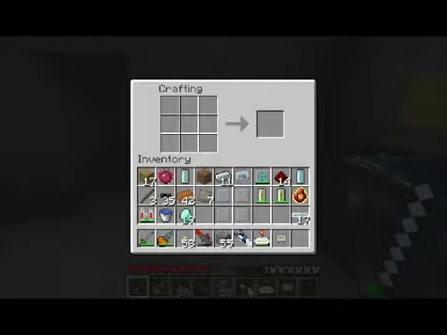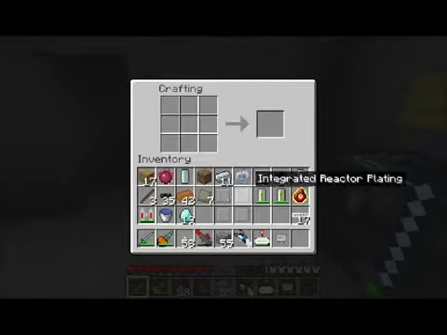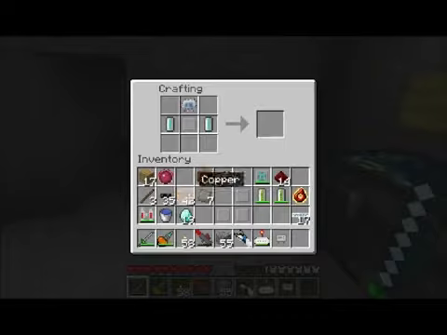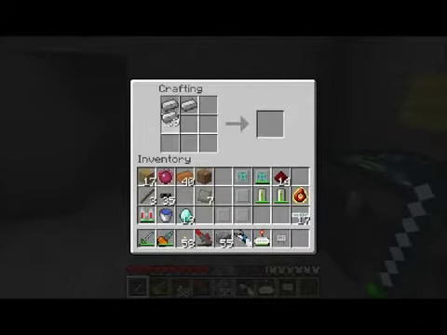Okay, and let's see here. Building another one of those integrated heat dispensers. Okay. Why? You'll see in a moment, don't worry. Settle down. Let's see. Yes, I've got everything I need.